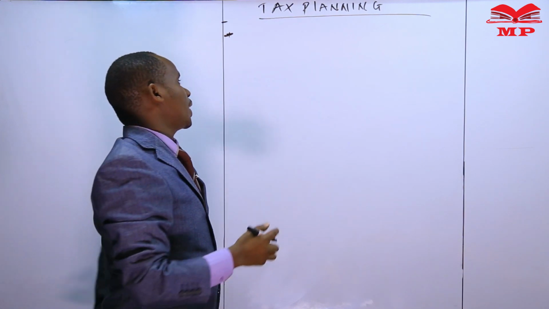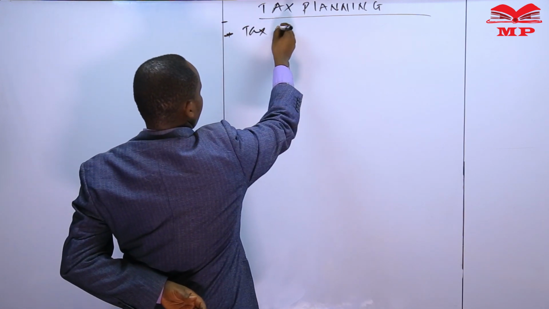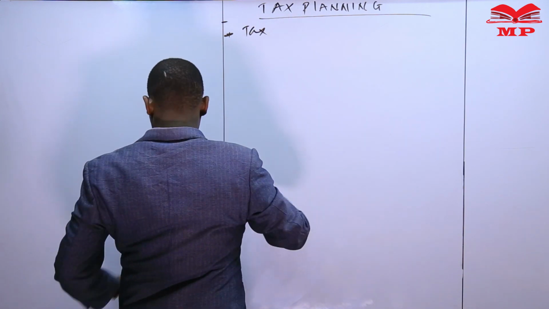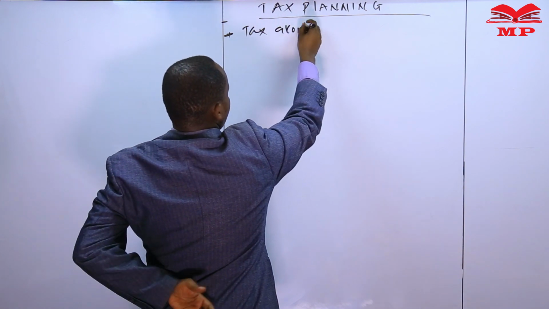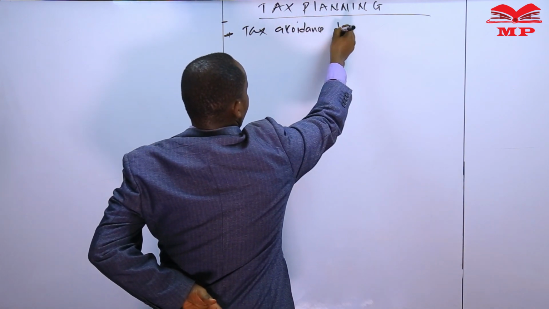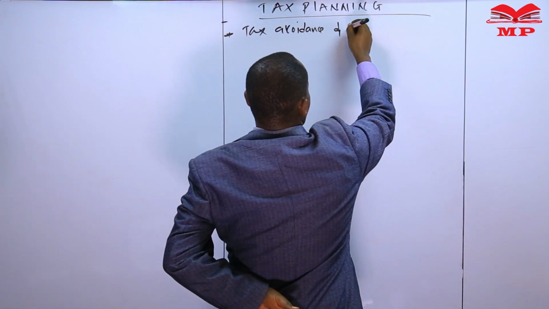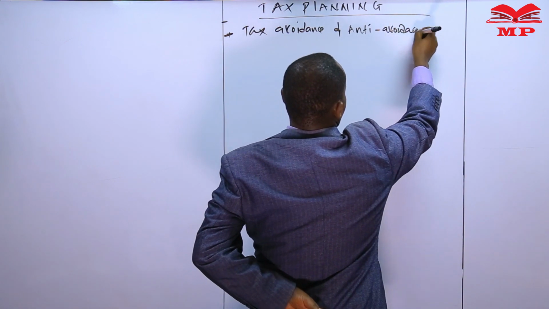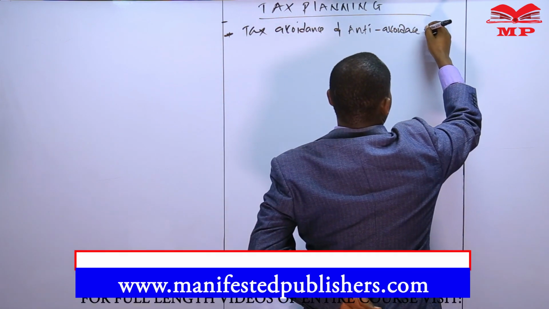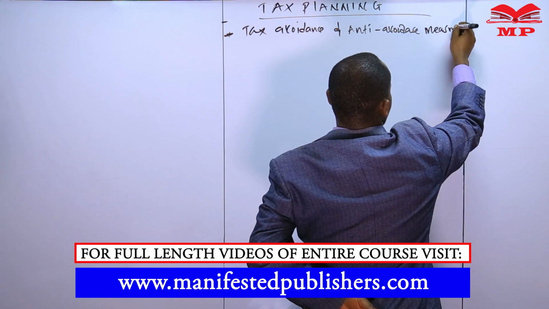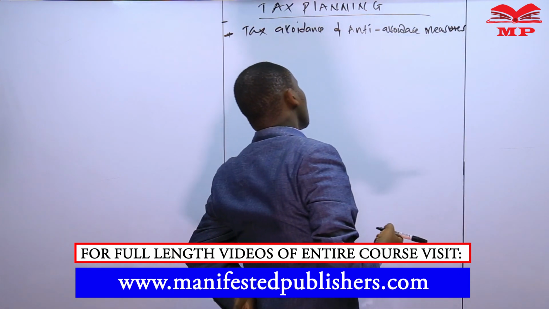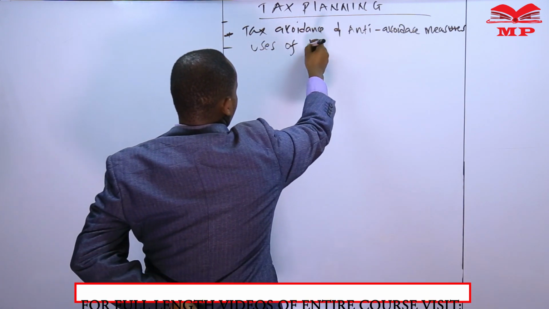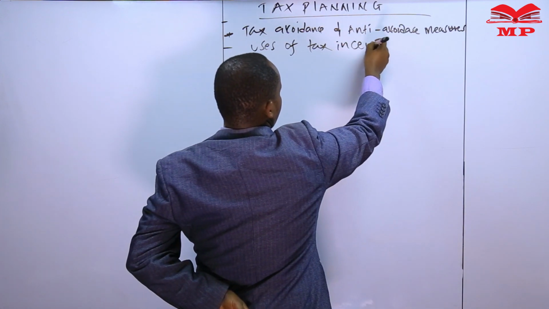The subtopic number 1 is tax avoidance and avoidance provisions or measures. The other subtopic that remained is uses of tax incentives.